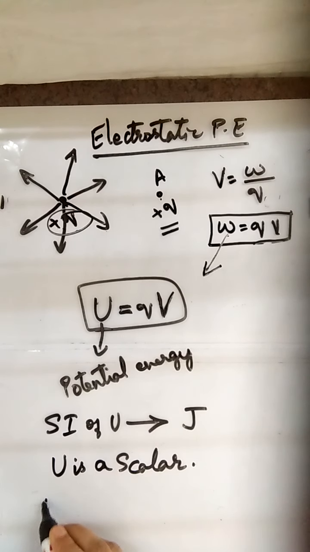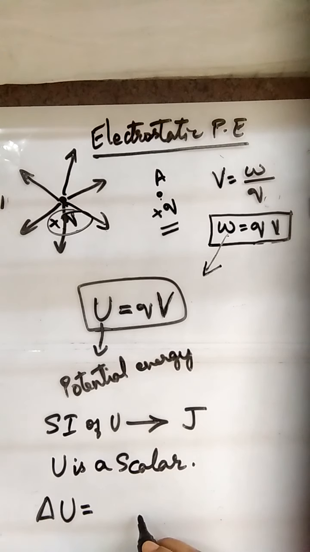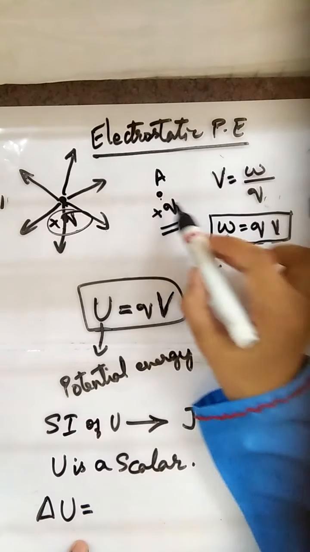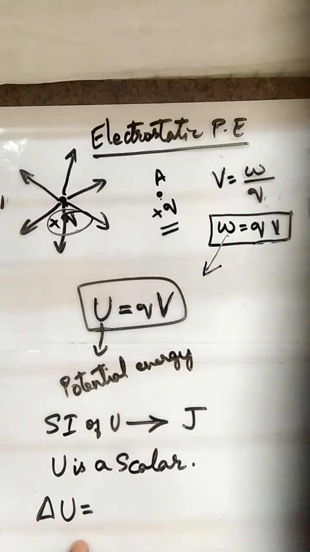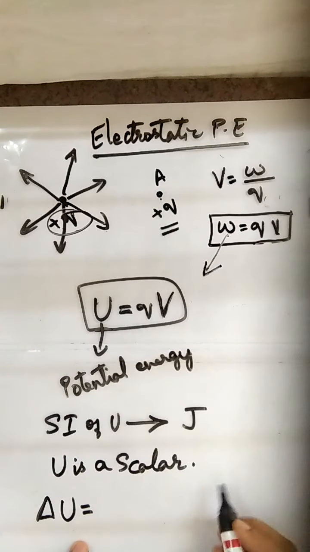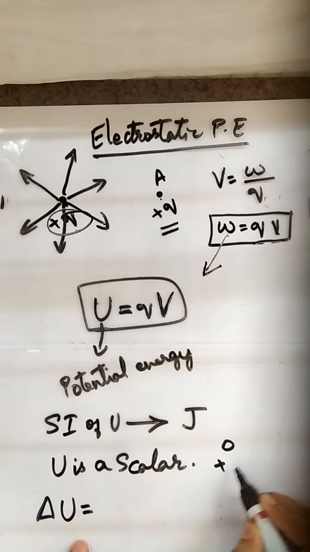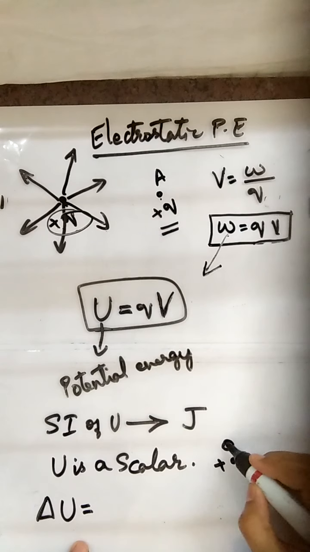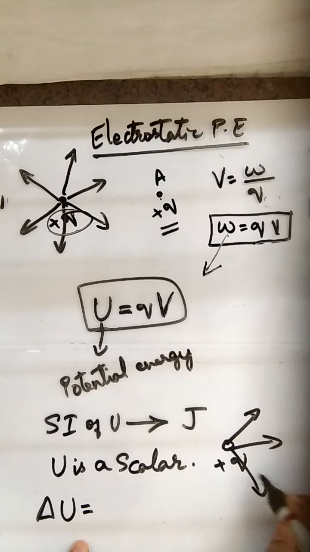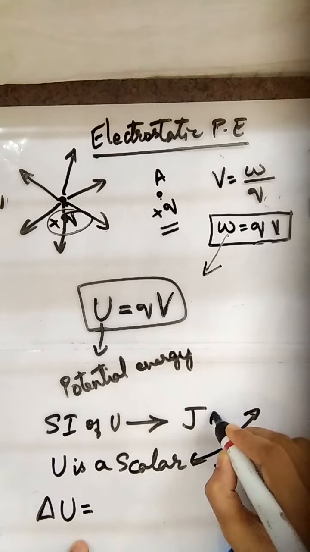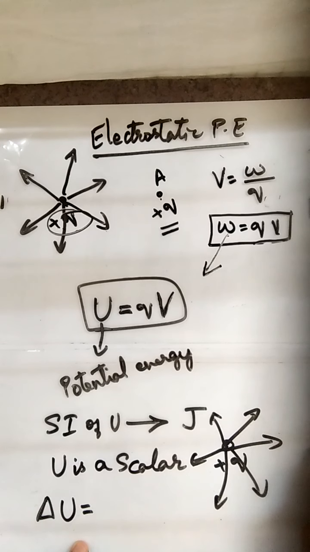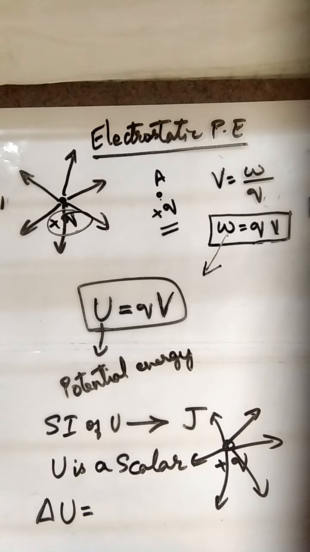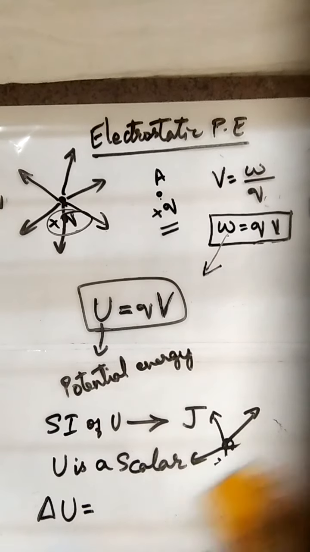Now what is change in potential energy? Delta U, how do you write that? Instead of bringing this plus q charge from infinity to this point, suppose you have a plus q charge over here, and due to this there is electric field, and you are bringing another charge from some other point. I'll make some space over here.